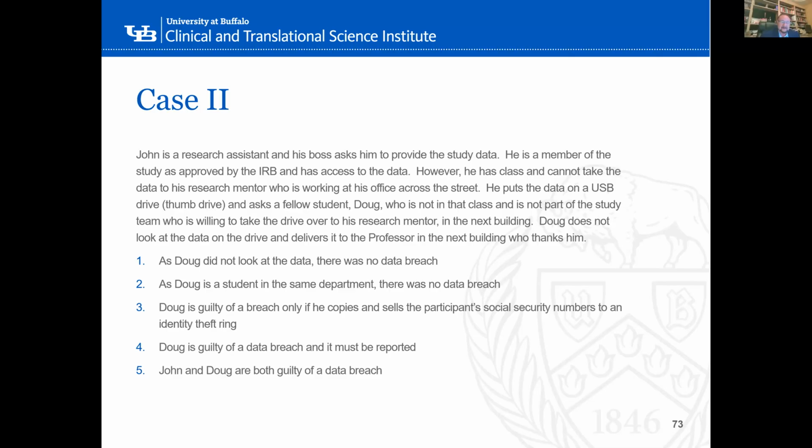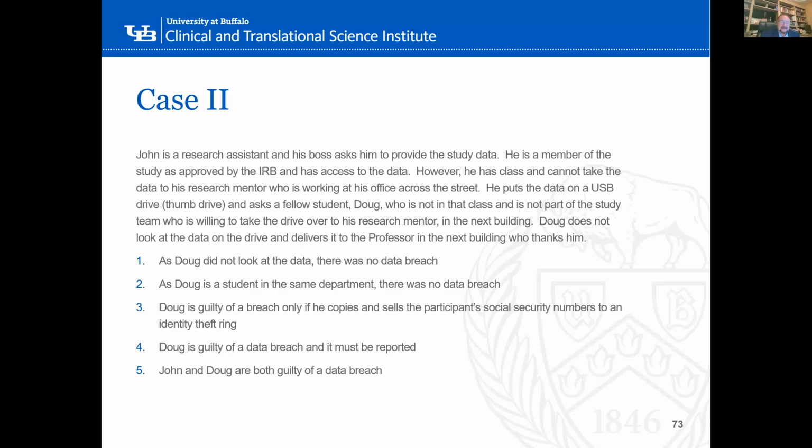And when did Doug become culpable? I think that Doug became culpable when he agreed to carry the data for John. He should have refused if he knew better. Yeah, exactly. He should have refused. But when it was actually handed to him and it touched him, then he was in control of that data. He had it. And that's a breach. So he was part of that too.